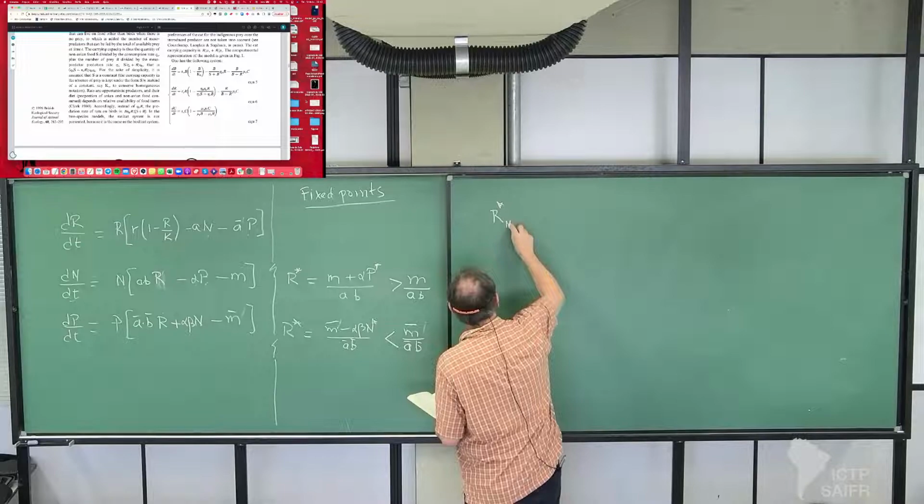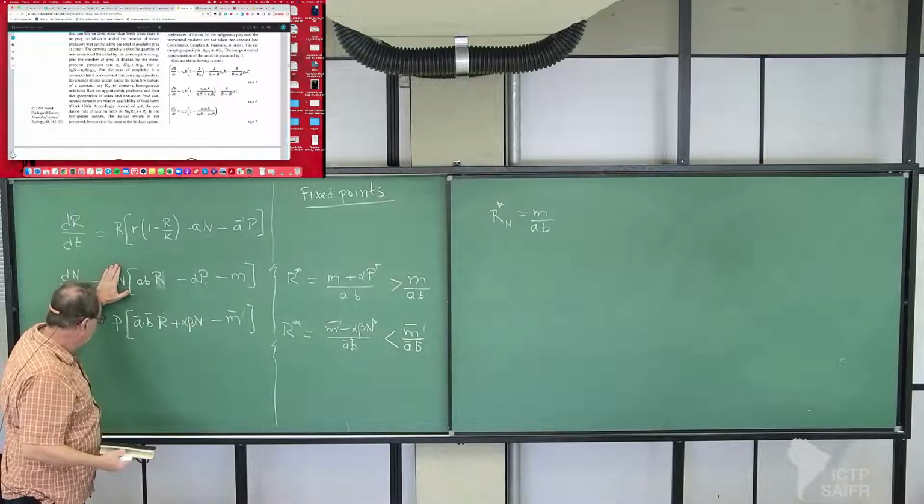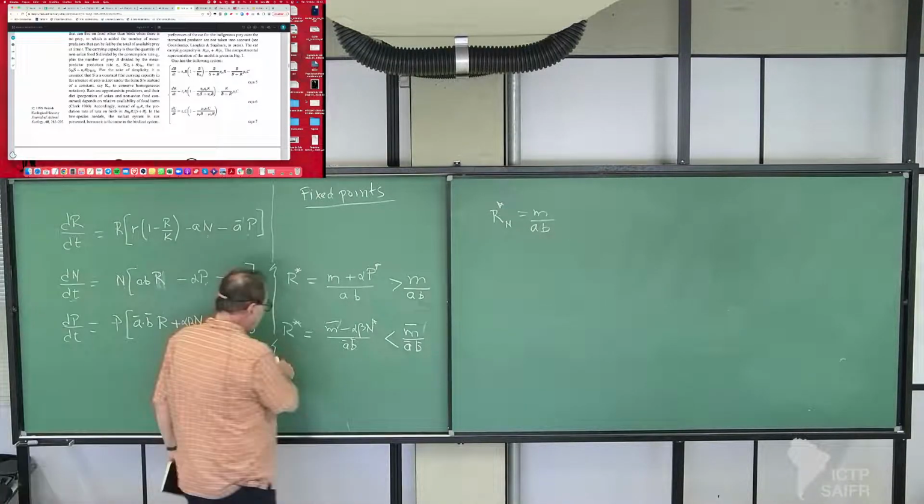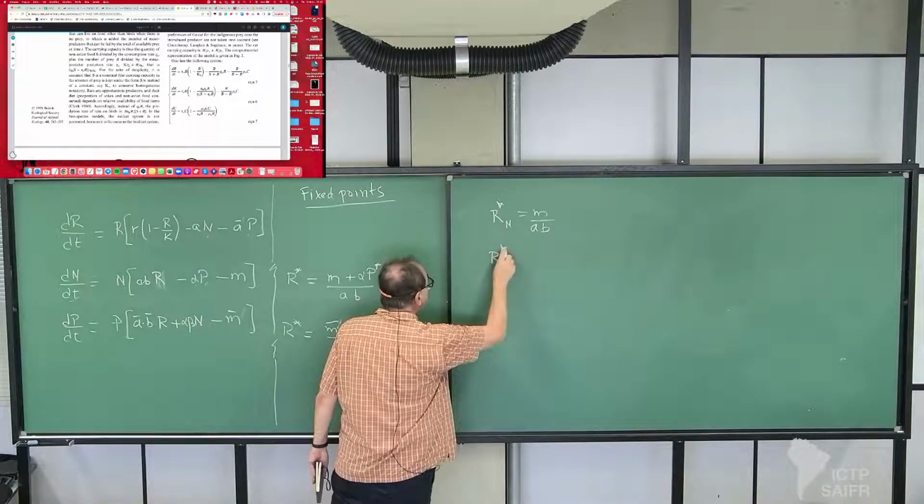Now, if the prey is not present, then the equilibrium of N is 0 and R index P is equal to m bar over A bar B bar.